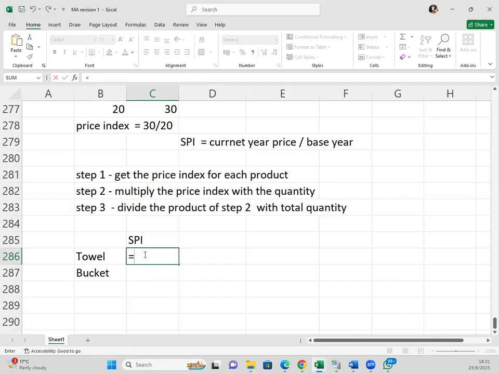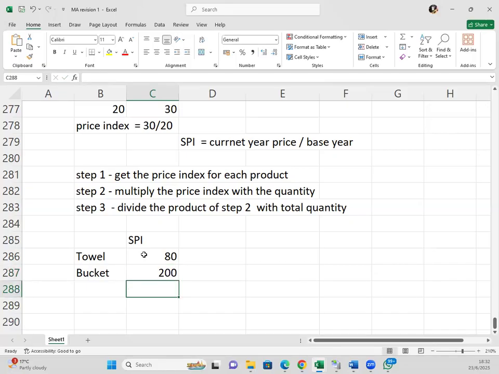For towel, what is the current year price over the base year price? That's 2 over 250. Then times 100. Then we do the same for bucket. What's the current price? 3 over the base year price, $50, we multiply by 100. So it's the current year over the base year times 100.